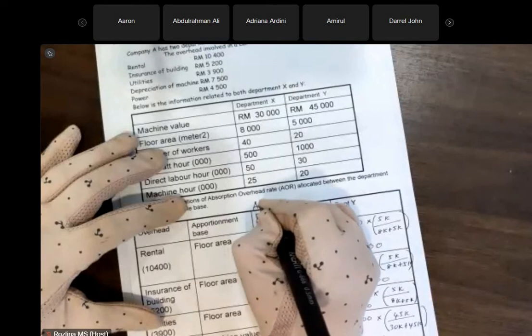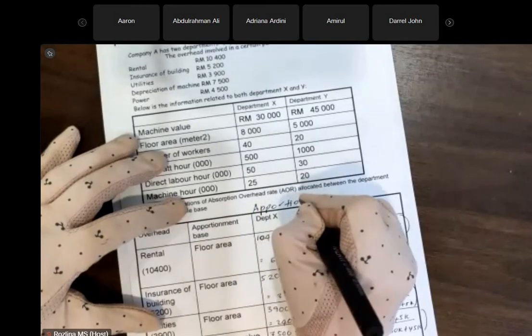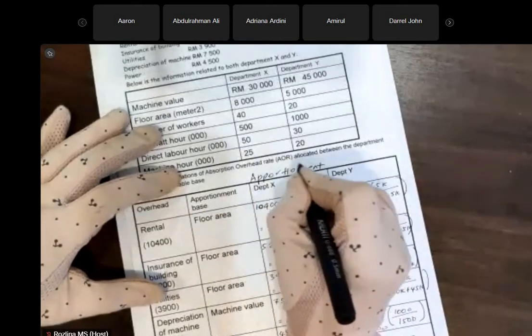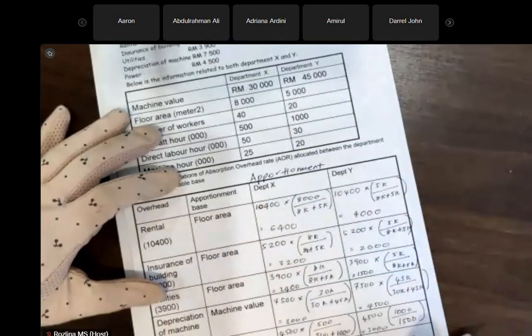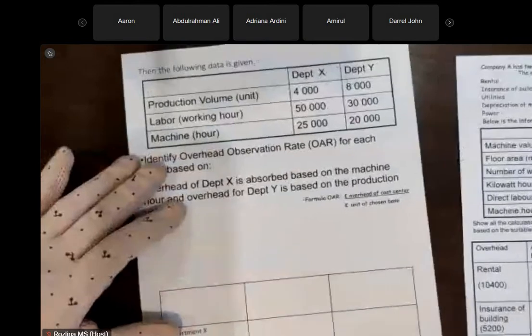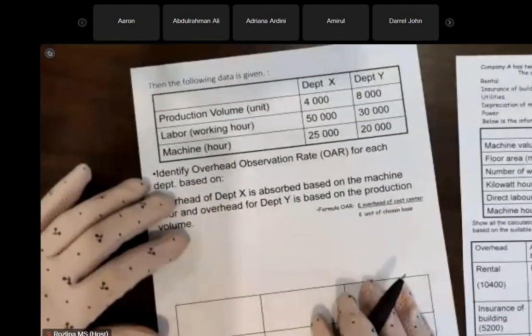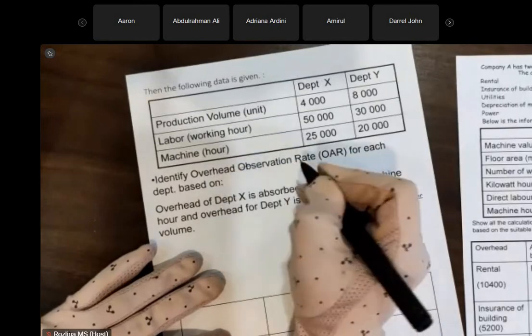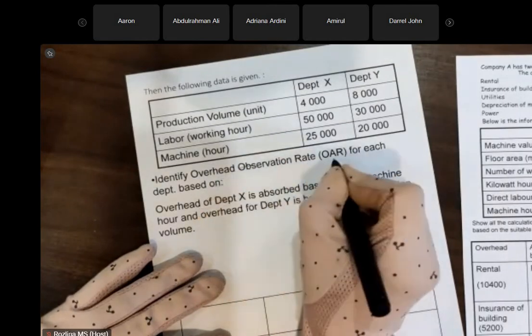This one is apportionment. Okay, we give the portion. Now we go to the OAR, overhead absorption rate. Okay.